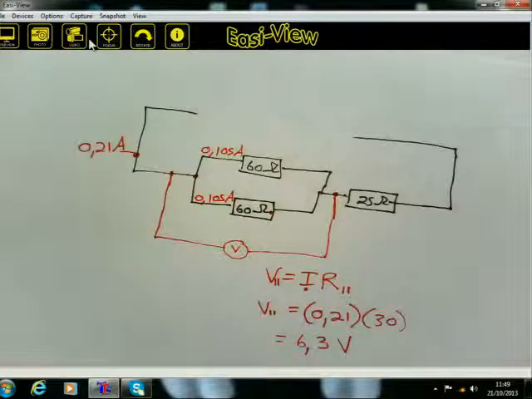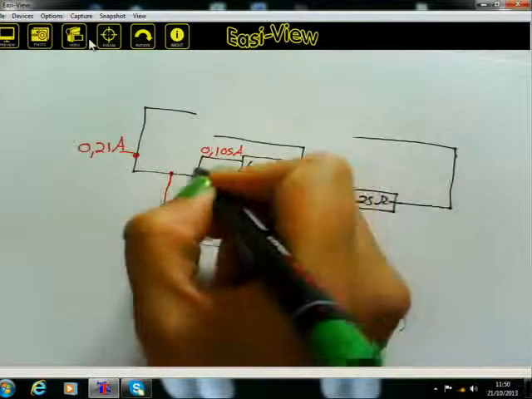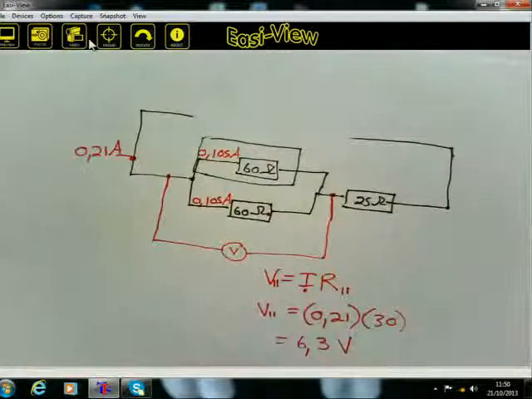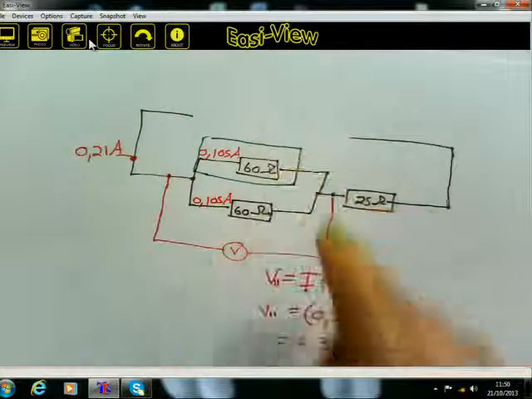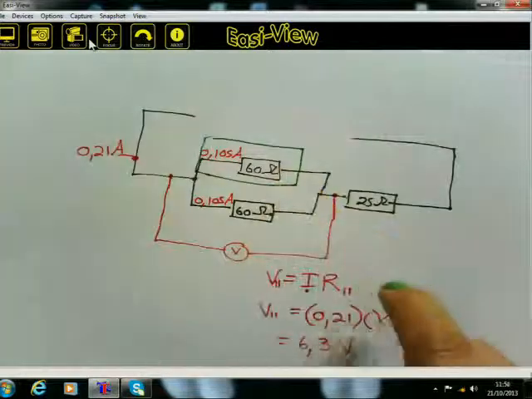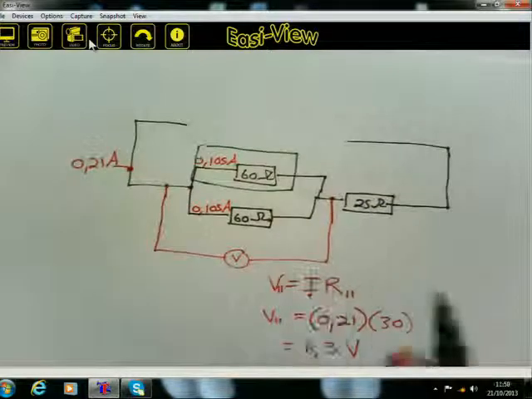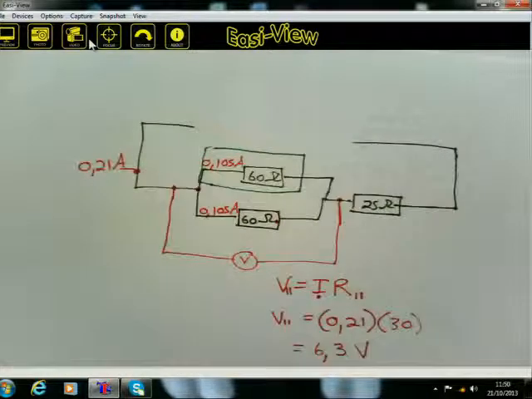Alright, so let's see. R parallel, 3.2 ohms. R external, only the external without the internal resistance, 5.2. Then we added internal resistance to get 6 ohm. Then the reading on the ammeter, we calculated with EMF equals I(R plus r).